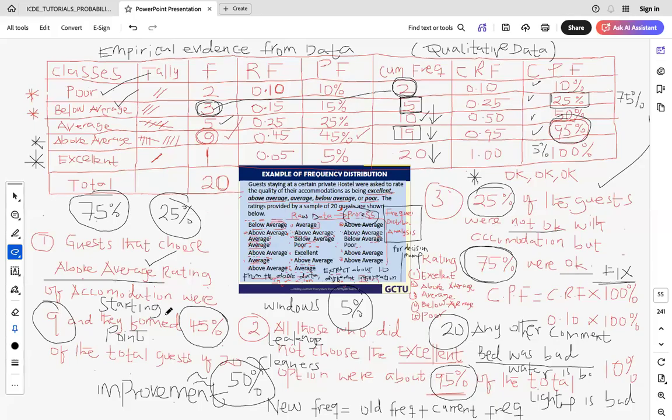Then the question is, those who did not say it is above average, you will still go back to this 25% and check the problems they pointed out, and then you fix. So you see that most of the information is intersecting. They are moving into one another.